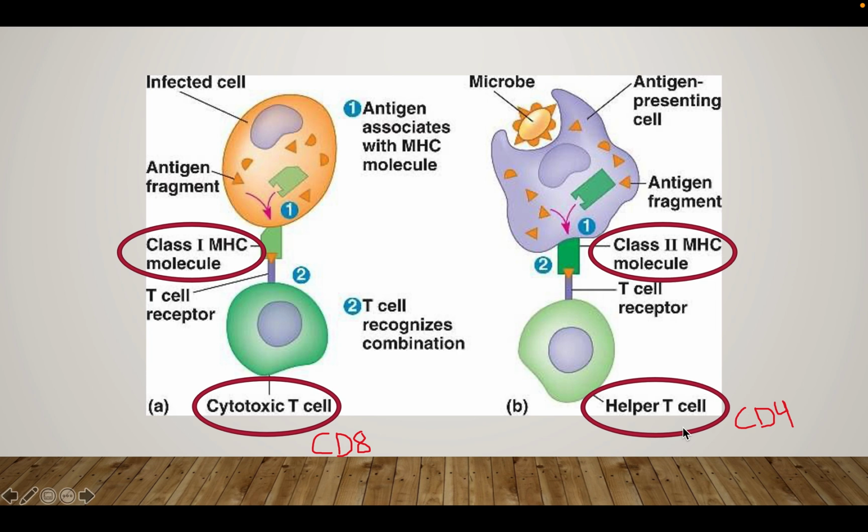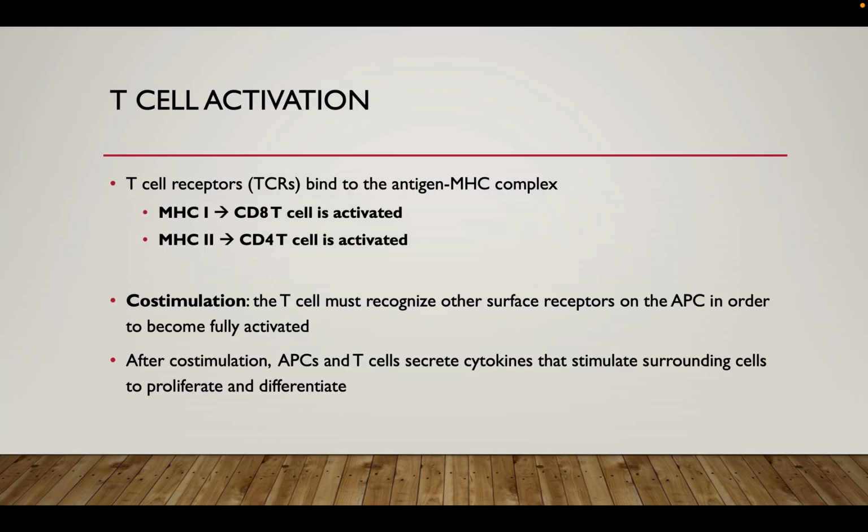appropriate T cell. Now, once we present the antigen on the surface of the antigen-presenting cell or the other cell, we have to activate our T cells because they have to be activated in order to function and carry out their role. So what you have is you have your MHC1 interacting with your CD8, you have your MHC2 interacting with your CD4, and you have to have co-stimulation.